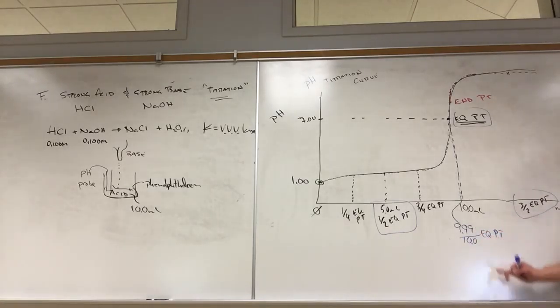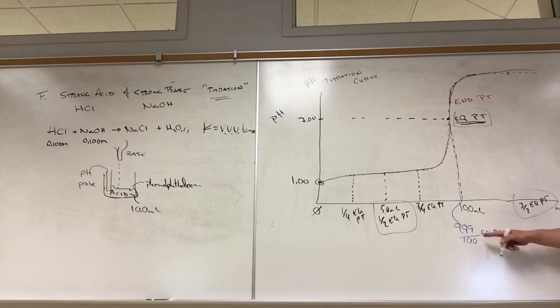In other words, this is going to be 99.9% neutralized. I'm only 0.1% away from neutralization, or 0.01 milliliters away from neutralization. Actually, how many mLs is this going to be? Well, at the 9.99 out of 10 equivalence point, we're going to be 9.99 out of 10 times 10 milliliters.